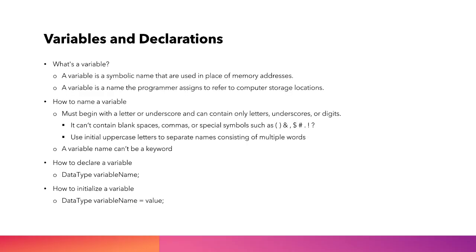Let's go forward, and we'll be having variables and declaration. We'll go deep into things practically. What's a variable first? A variable is a symbolic name that is used in place of memory addresses. Long back, for you to access data somewhere, they used to use memory addresses, but now C++ does it for you.